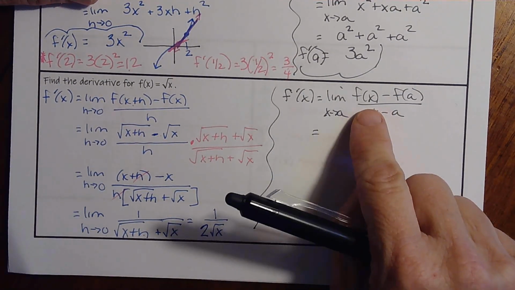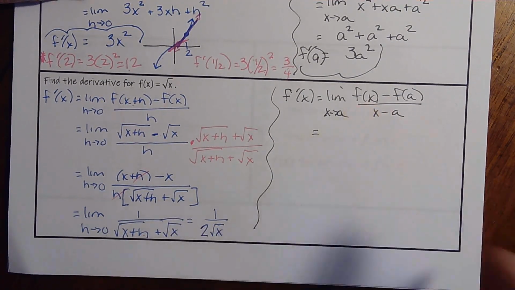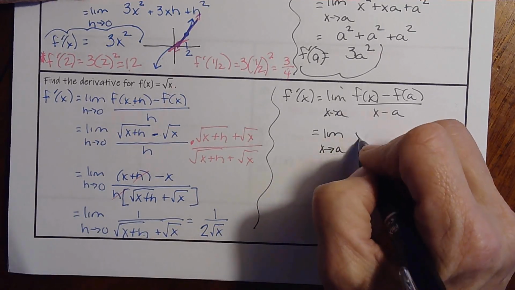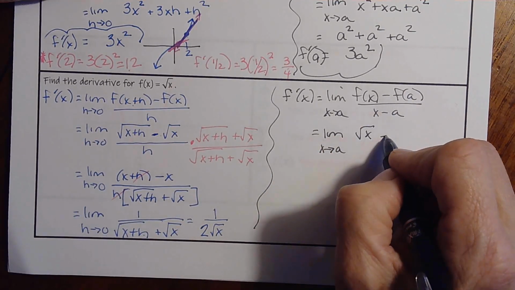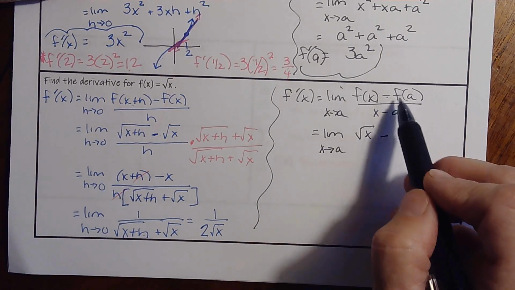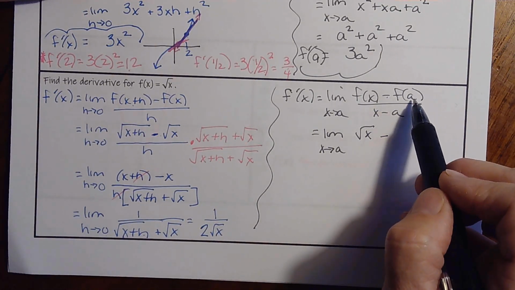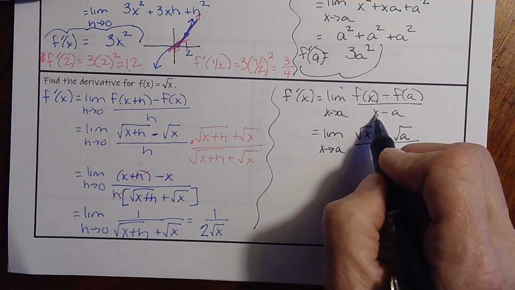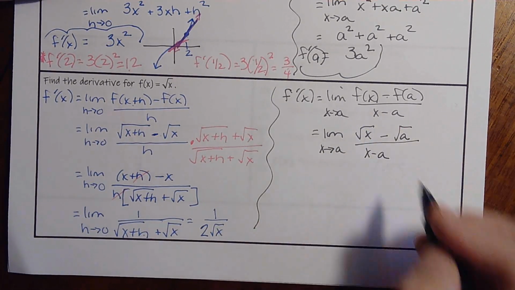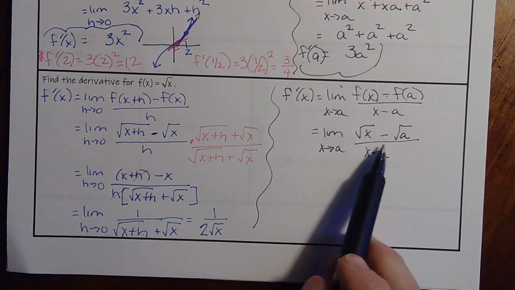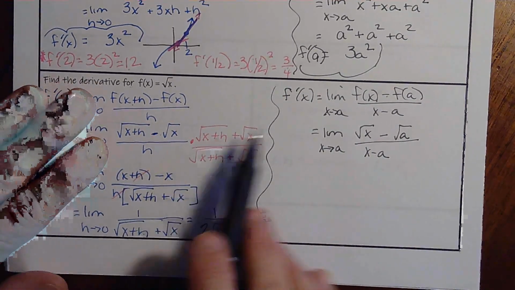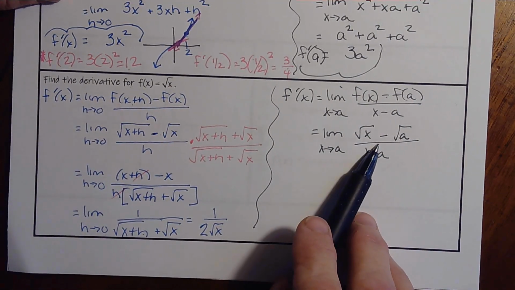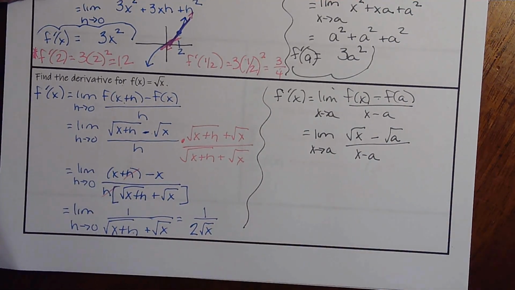So this is telling us to take our function f of x, which is the square root of x, and subtract the function evaluated at a. So I have the square root of a all over x minus a. Well, this looks very similar to this. It's a little less complicated, but nonetheless, I still have to rationalize the numerator.